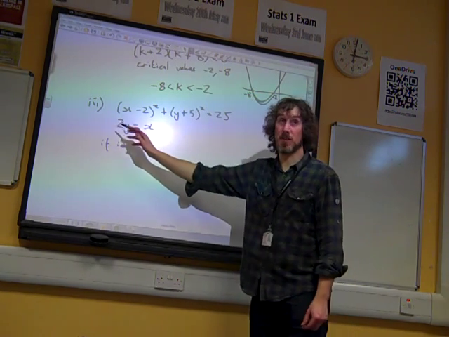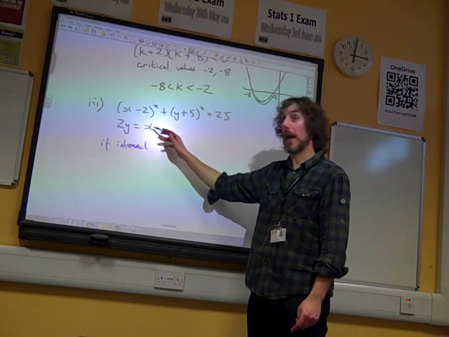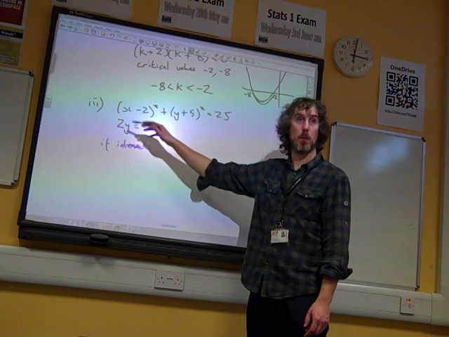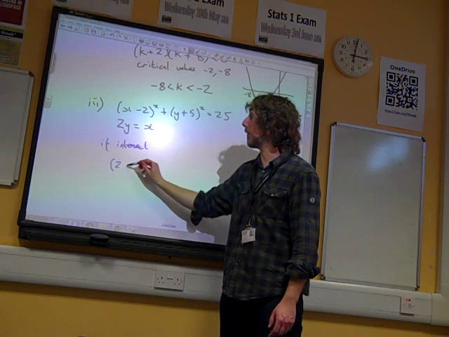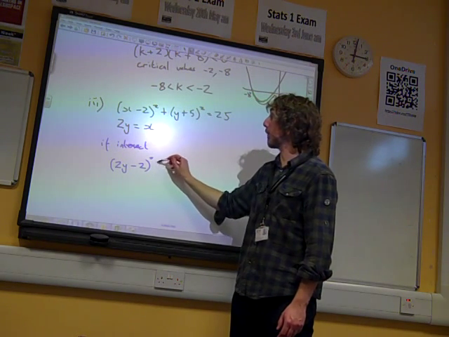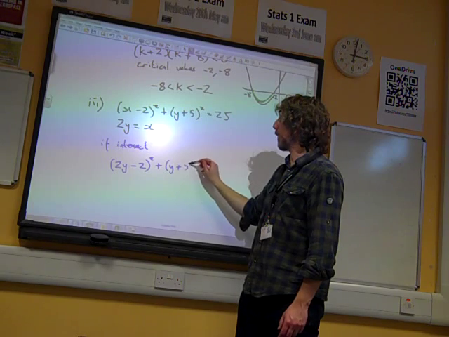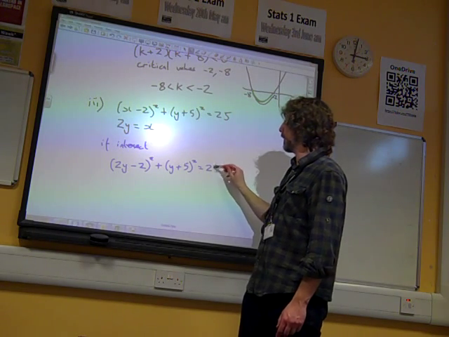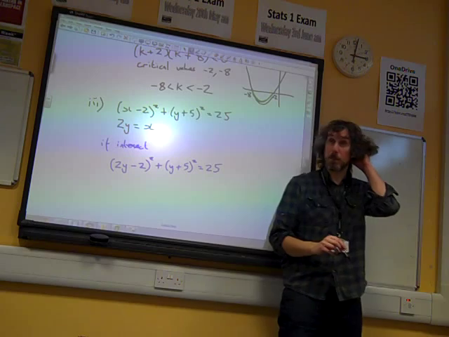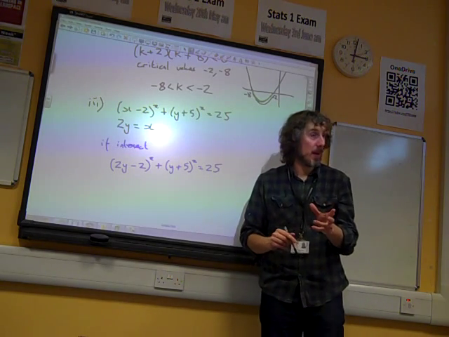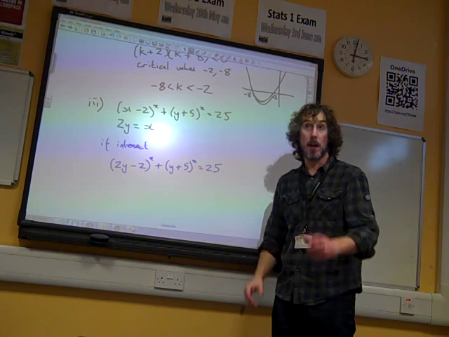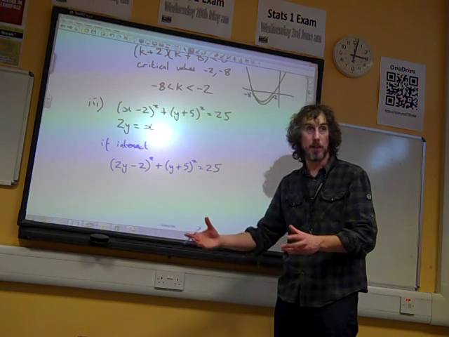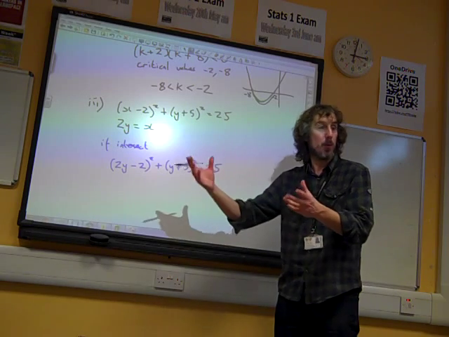I think it's easier in this case to substitute for x, because x equals 2y. So let's replace x with 2y. That gives us (2y minus 2) squared plus (y plus 5) squared is 25. What we're expecting to happen here is that this will give us a quadratic that doesn't just not factorise, it has no solutions at all.